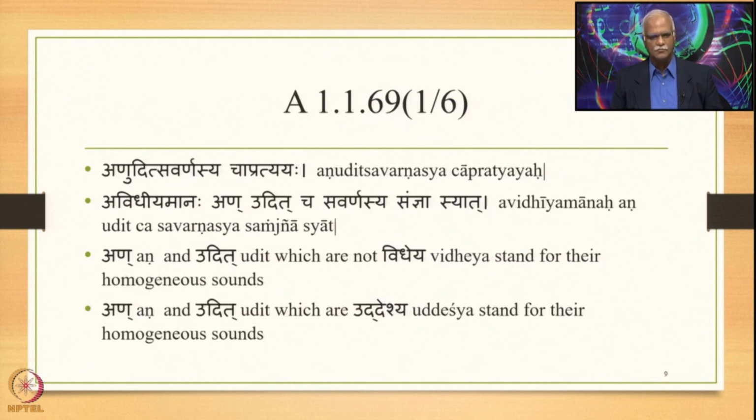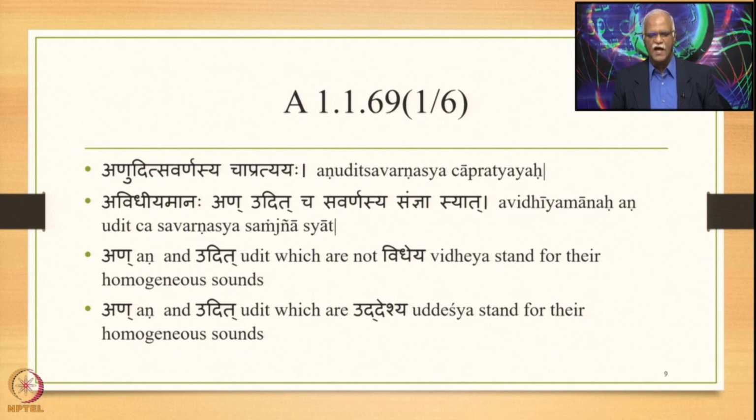What it brings about is the following. And here we deal with the Sutra 1169, which says Anudit Savarnasya Cha Pratyayaha. What this sutra means is that Avidhiyamanaha An Udit Cha Savarnasya Sanjna Syat.